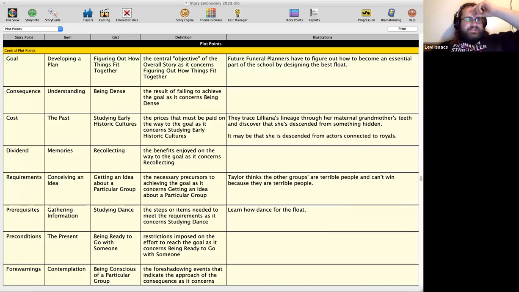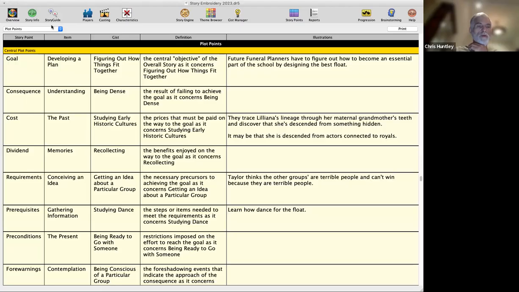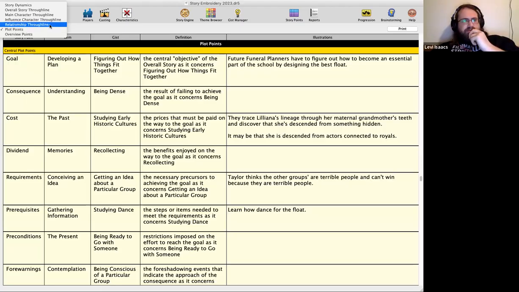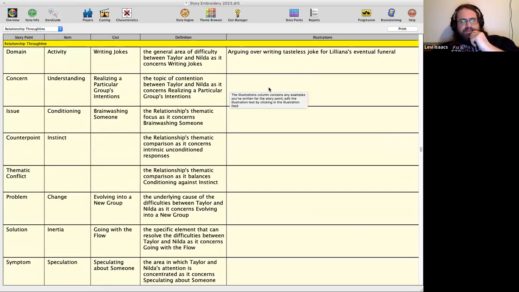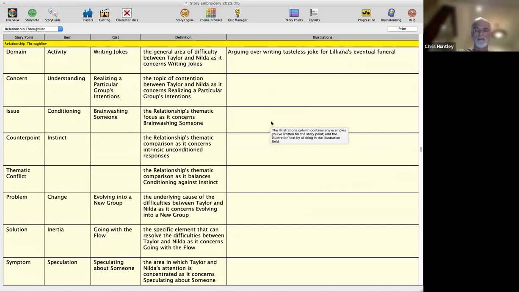This one, I'm not sure if it fits more in the relationship. I guess it crosses with the relationship and just the overall story. For the relationship issue, did we do that one? Conditioning instinct, brainwashing someone? We haven't done it yet.